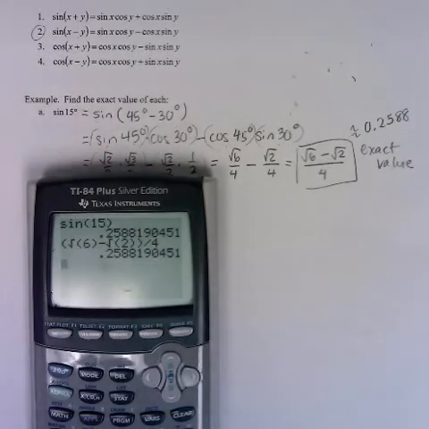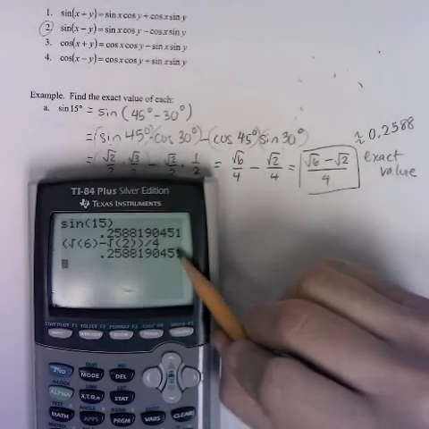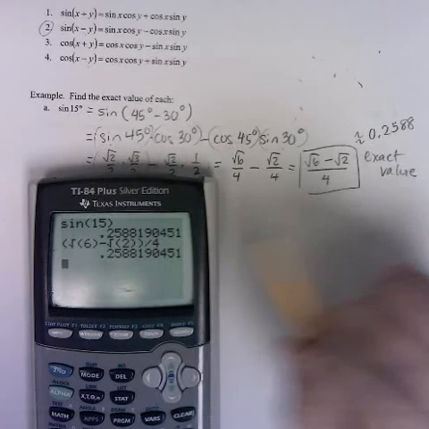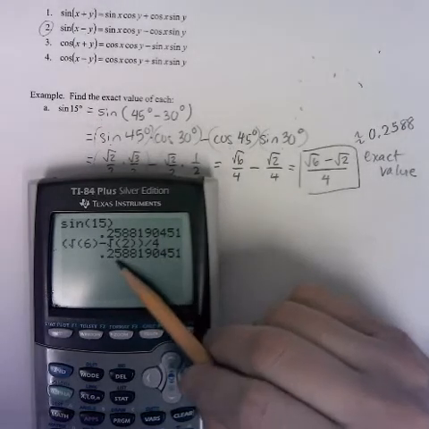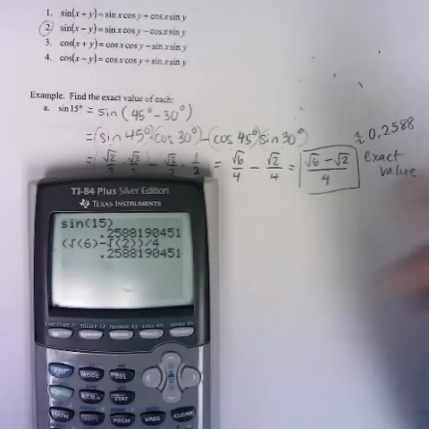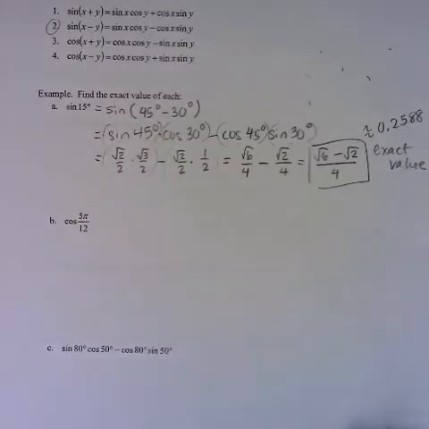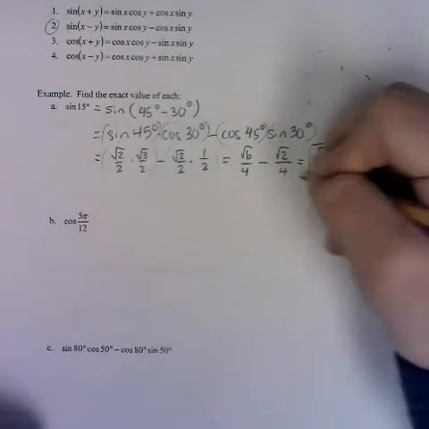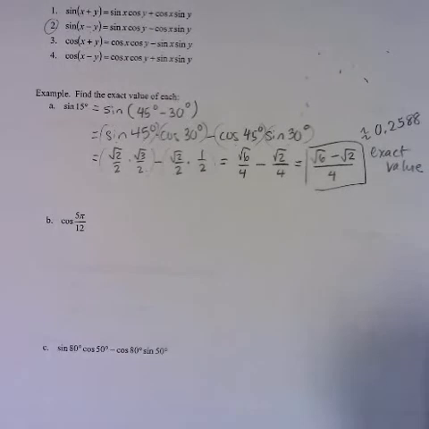But even if I put all the decimal places down, that's still an approximation because this keeps going beyond the 10 digits the calculator gives you. So keep that in mind. This is approximate. This, we can actually use an equal sign. That's exact. All right, so there's an example with using degrees.